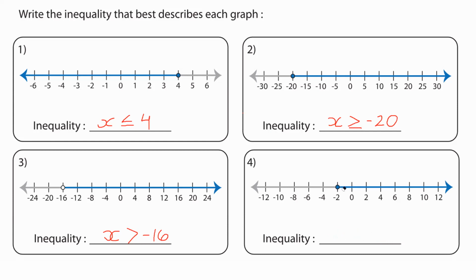Okay, let's look at number 4. Is this shaded or not shaded? Shaded, sir. So are we gonna use the line underneath or no? No, sir. But it's shaded. So if it's shaded, then we have to use the line. Good. Is it greater than or less than? It is greater than.